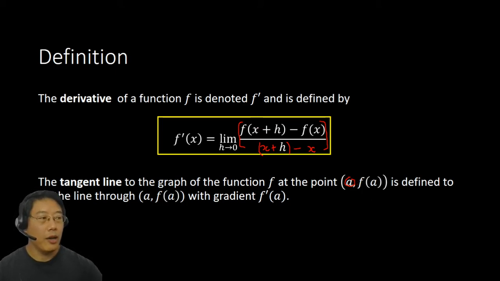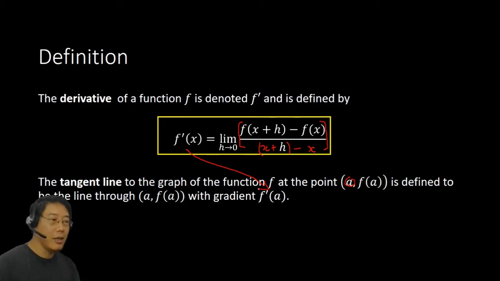So for a point a, f of a is defined to be the line through a, f of a with the gradient f prime of a. So this is your f prime of x, and all you need to do is substitute x by a, and you get the gradient of the tangent at that point of the curve.